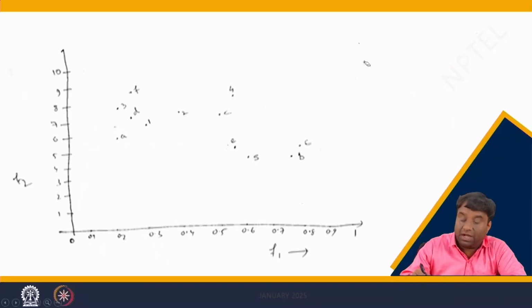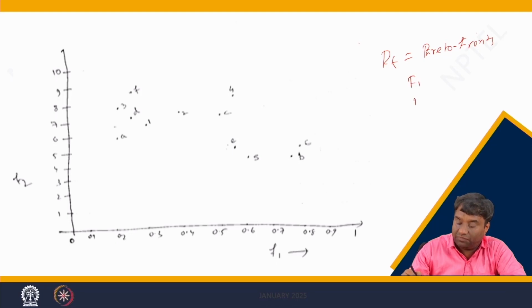Now from RT, we will try to find the Pareto fronts, just like F1, F2 and so on. This plot is applicable only for two dimensions. There are different algorithms for the Pareto front. So try to understand the comparison method that I taught in the last class.